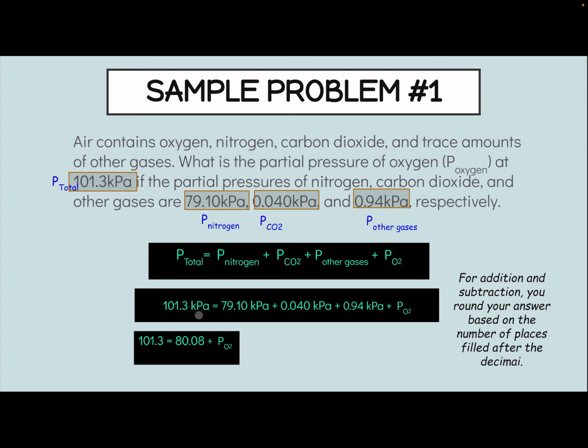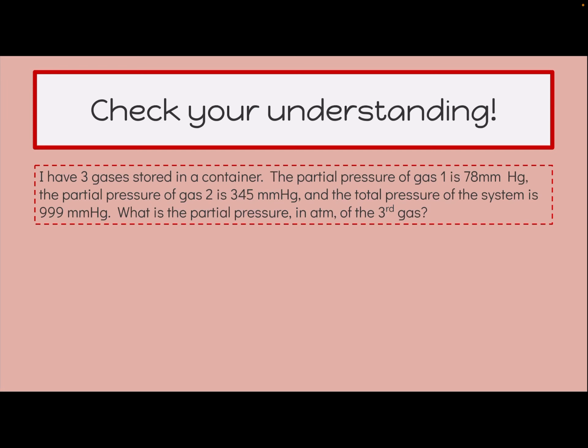So we can simplify to 101.3 equals, and we added these values together, plus PO2, to find that the partial pressure of oxygen gas is 21.22 kPa, or 21.2 kPa when we factor in sig figs.